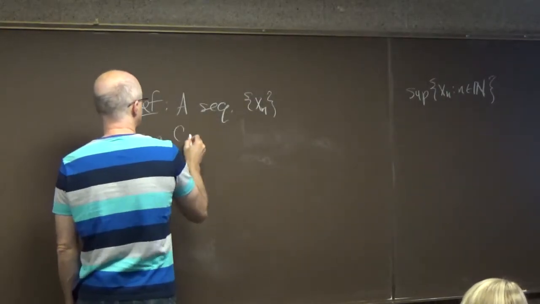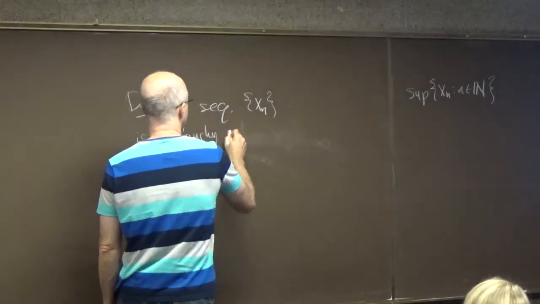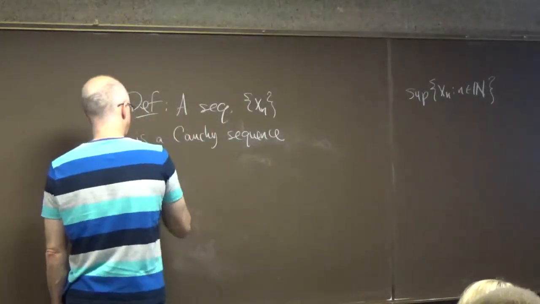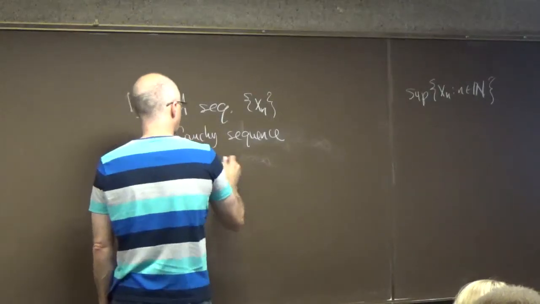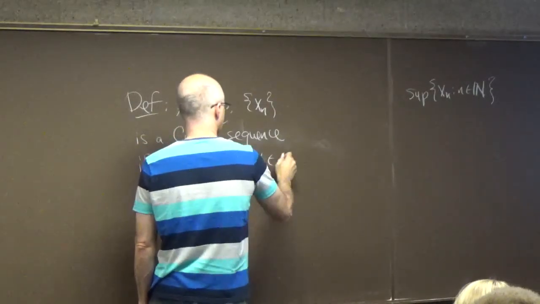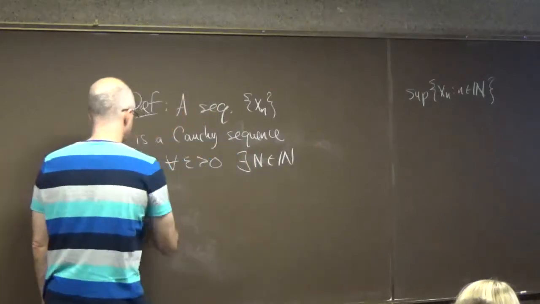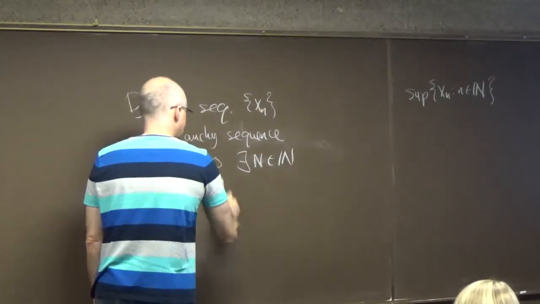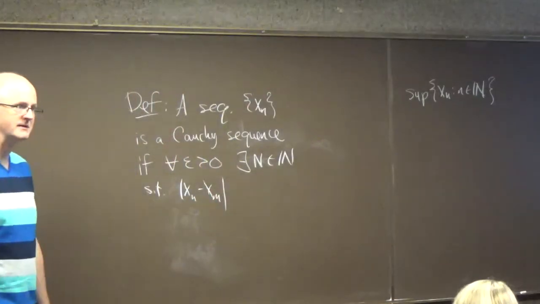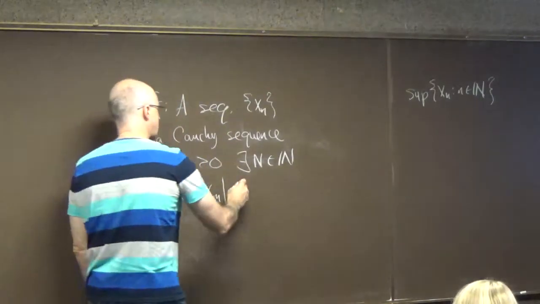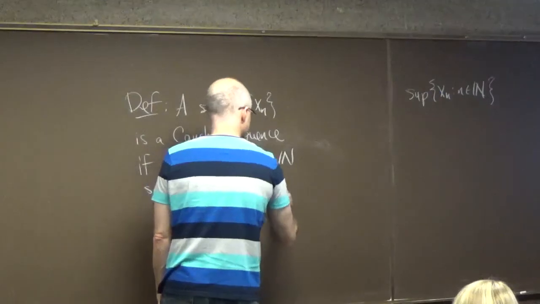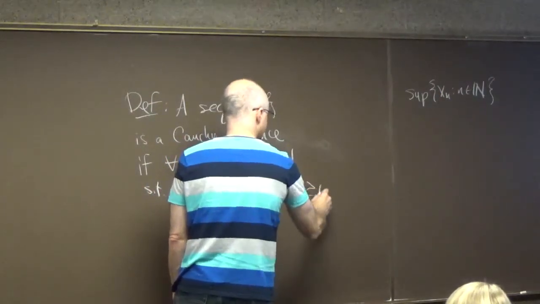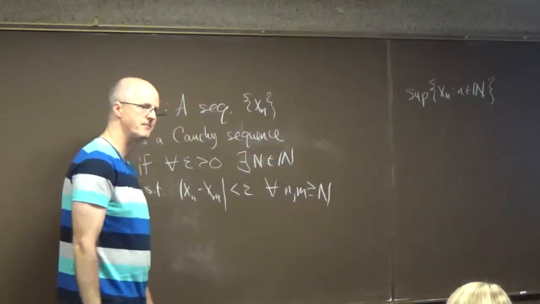It is a Cauchy sequence if for all epsilon greater than 0 there exists a capital N, a natural number, such that the distance between terms in the sequence can be made less than epsilon, as long as both little n and little m are sufficiently large, bigger than or equal to the capital N you found.